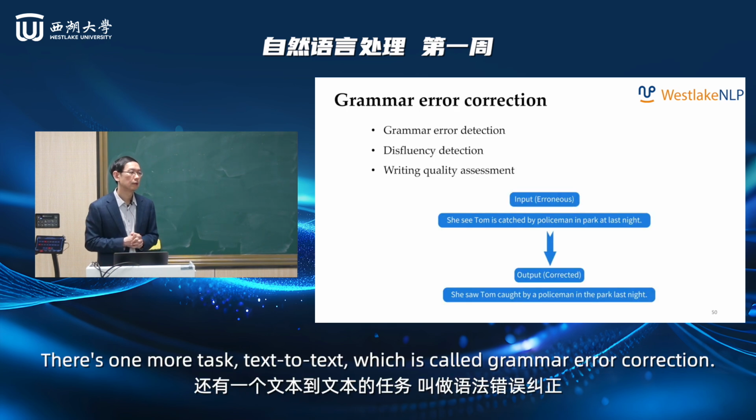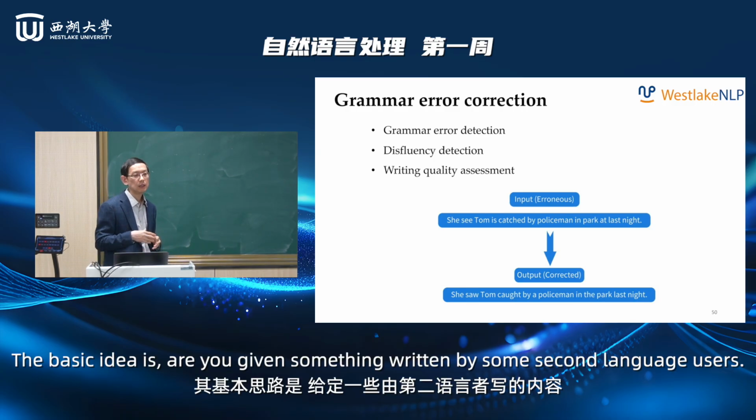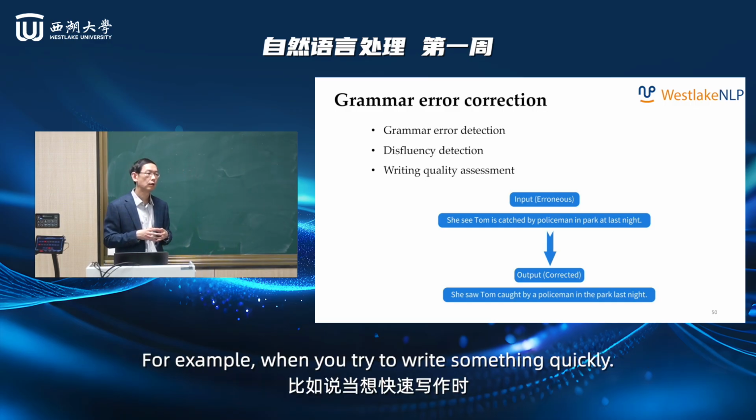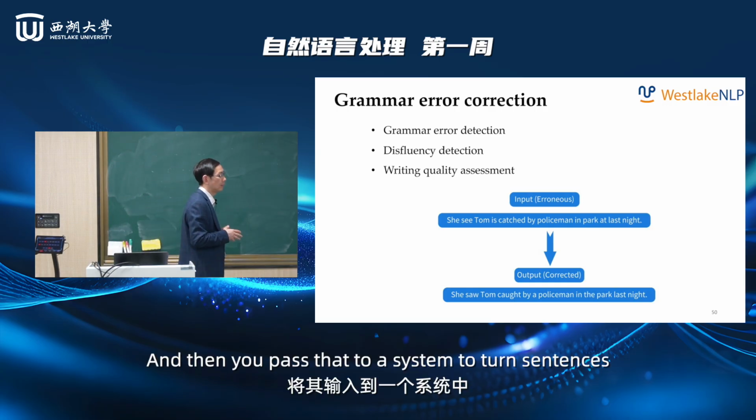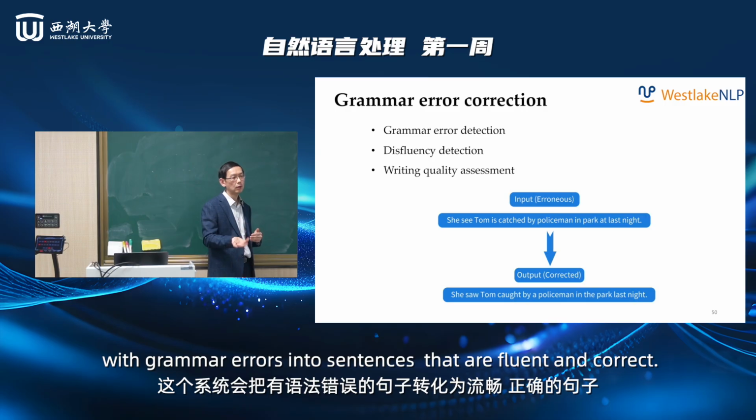There's one more task, text to text, which is called grammar error correction. The basic idea is you're given something written by some second language users, for example, or when you try to write something quickly, and then you pass that to a system to turn sentences with grammar errors into sentences that are fluent and correct.